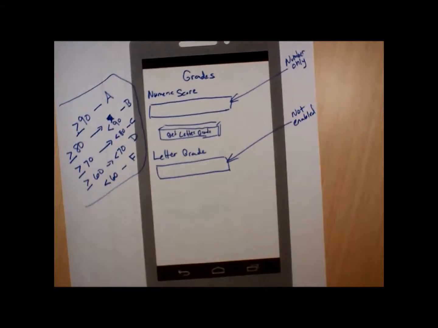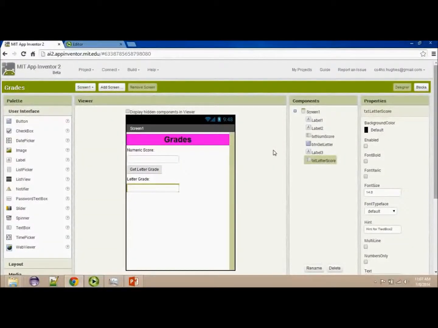Okay. You can go ahead and set up the interface. I think it's pretty straightforward now. And let's go ahead and get this started. So in App Inventor, you can see in my designer mode, I've created our interface just as we laid it out on paper a few minutes ago. A couple things for you to take note of. I've named the components that I'm going to be manipulating.